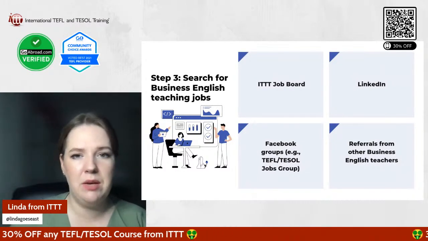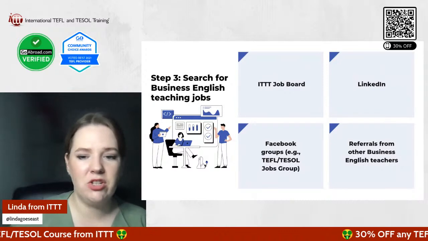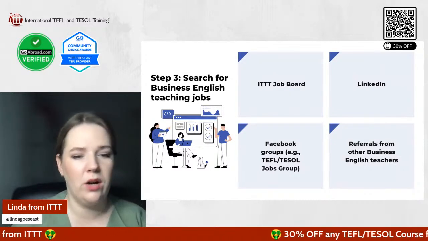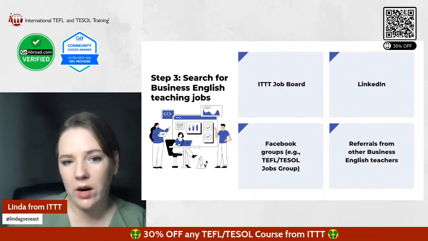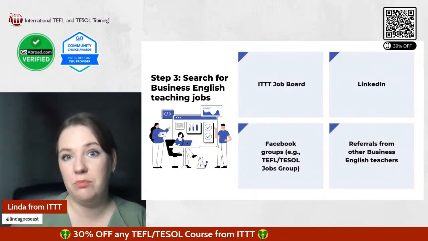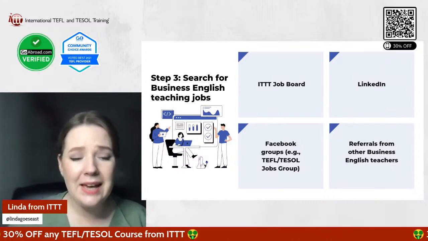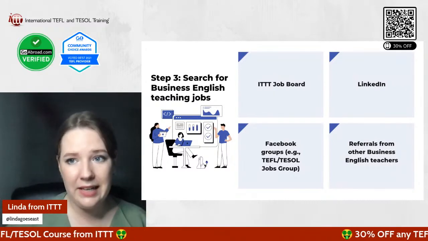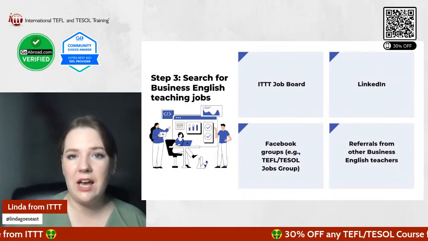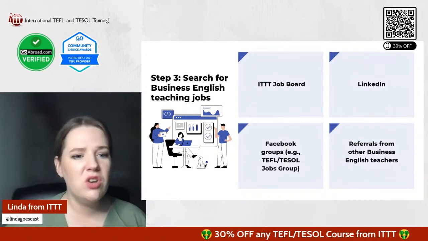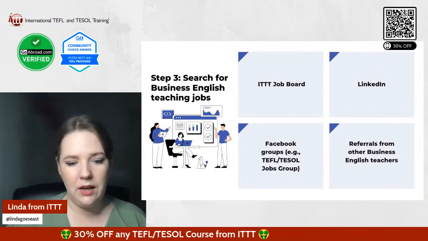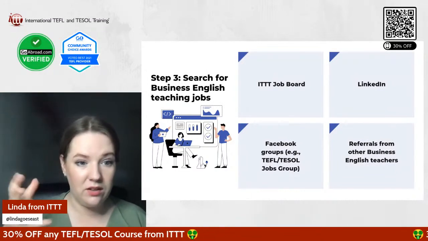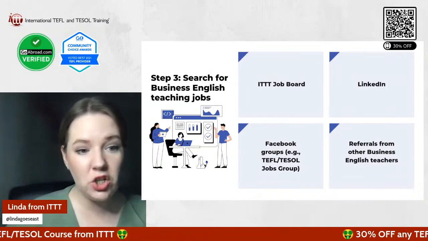A lot of times, and I've mentioned this before, in the English teaching world, when teachers work at a school or a company teaching business English, and their contract ends and they are ready to leave that job, their employer will ask, oh, do you know anyone? I get asked this all the time as well. Oh, do you know anybody we can hire who can fill this position when you leave?